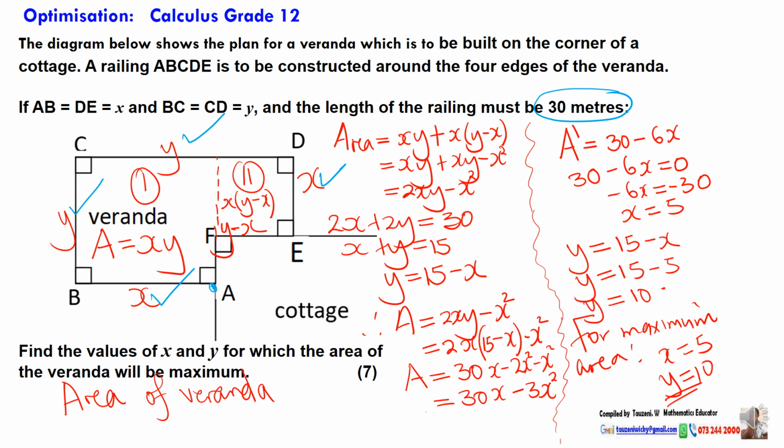After simplifying, differentiate, equate to 0, and solve for the variable that you have. That will give you the values that can lead you to the maximum or minimum value of whatever they are asking you to calculate. In this case, we want the maximum area of the veranda. x must equal 5, y must equal 10.